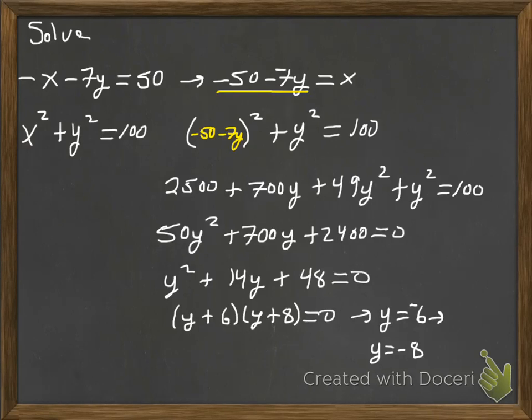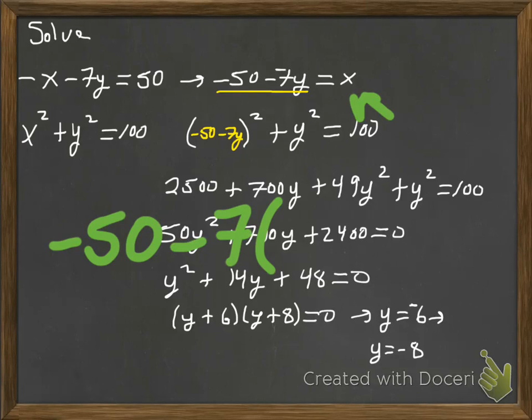So if we substitute those in, we'd substitute them probably into this one here. So negative 50 minus 7 times negative 6, that's going to be positive 42, so that's going to give us negative 8. So that's what our first x value is going to be.